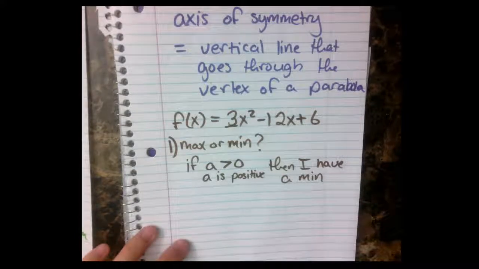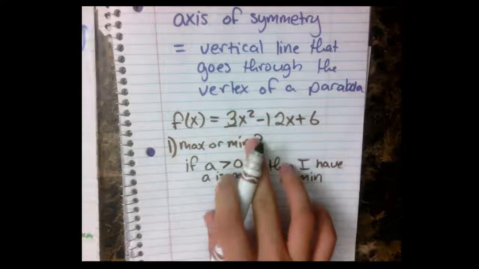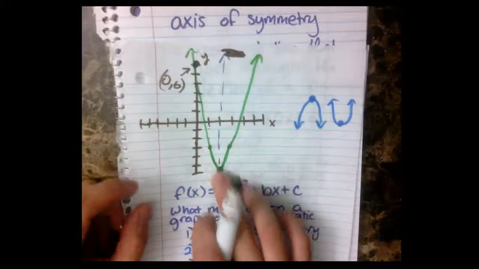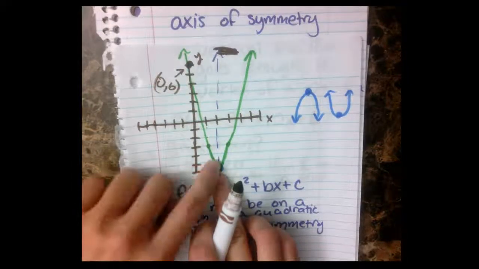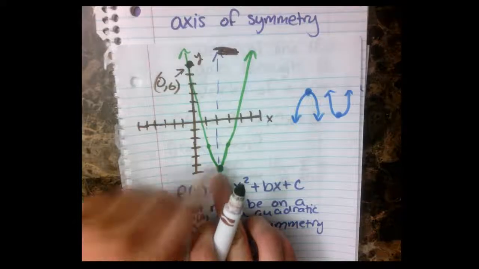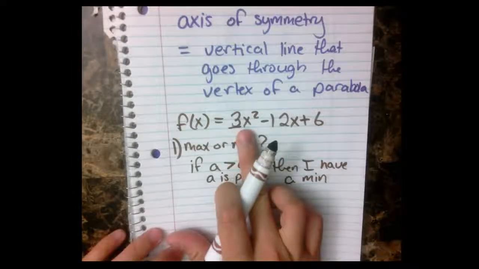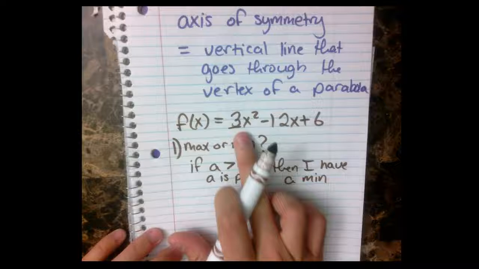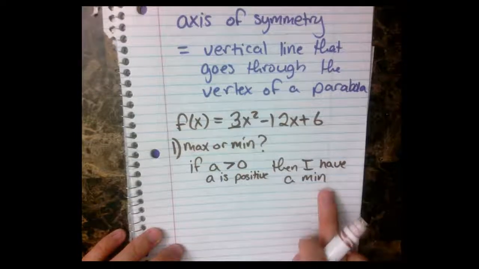My vertex is going to be a minimum because when it opens up like this, and you guys remember we just graphed this, it opens upwards, which means I get that minimum. So if I have a positive A or a positive leading coefficient, it's going to be a minimum.